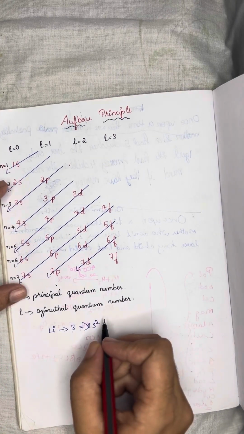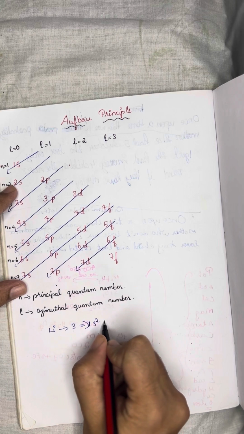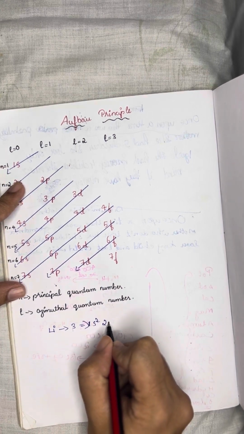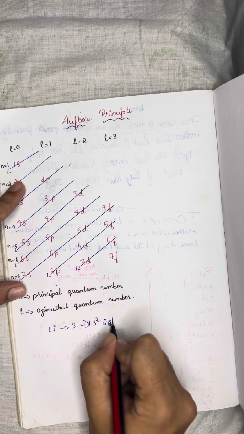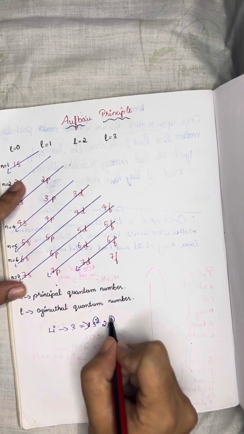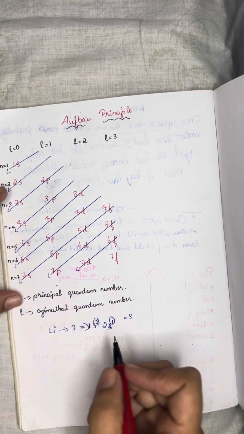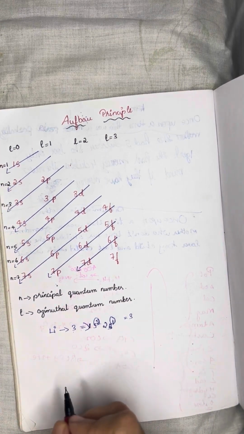So 1s2, then the arrow towards here, 2s1. Now count the total number of electrons: 2 plus 1 is equal to 3, right?